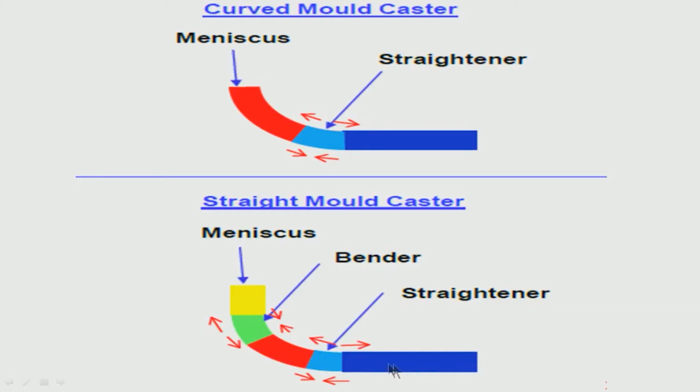The inner radius will finally generate the top surface, the outer radius will finally give you the bottom surface. Here the inner radius again is giving the top surface, but near the inner radius, more inclusions will be there in case of curved mold.